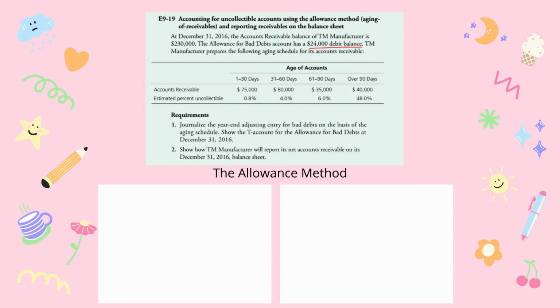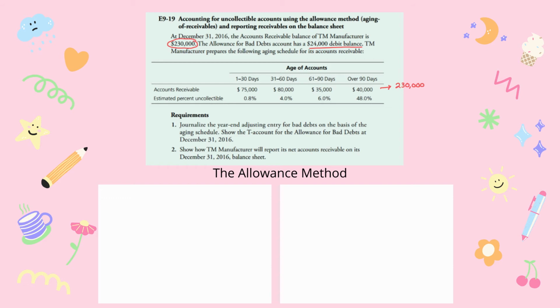From 1 to 30 days, I should collect 75,000 of my receivables. From 31 to 60 days, I should collect 80,000. From 61 to 90 days, I should collect 35,000. Over 90 days, I should collect 40,000. So if you add all of this, 75 plus 80 plus 35 plus 40, you're going to get 230,000, which is the accounts receivable balance.